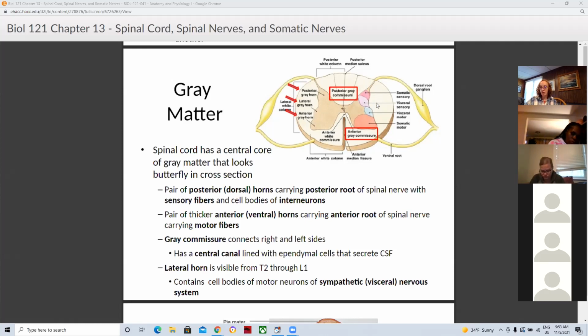The lateral horn is only observed from T2 to L1 along the spinal cord, and it contains the cell bodies of motor neurons of the sympathetic or visceral nervous system. Remember, visceral also means the autonomic nervous system.